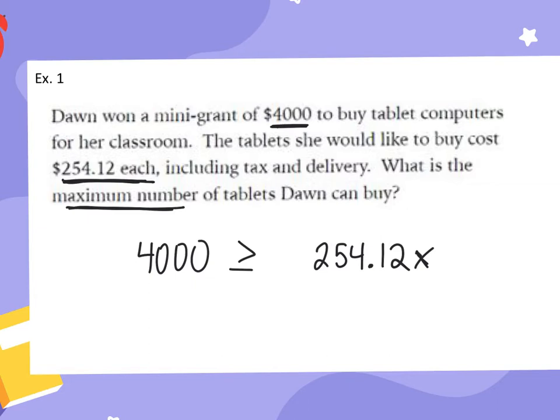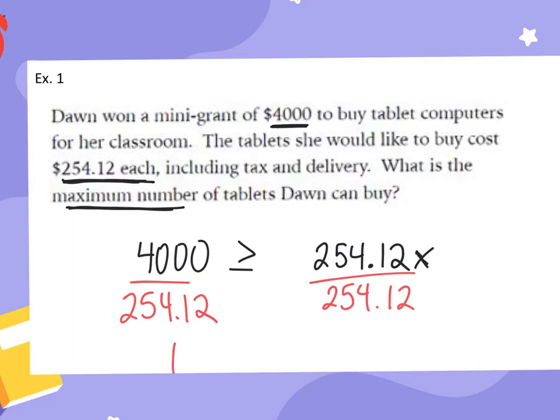How would I solve this? Divide. Type that in a calculator, and what do you get? 15.7. Okay, so we have our inequality here, but they asked what is the maximum number of tablets she can buy. Can she buy 15.7 tablets?